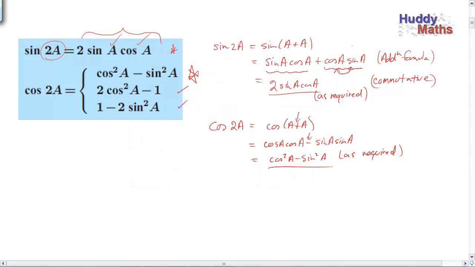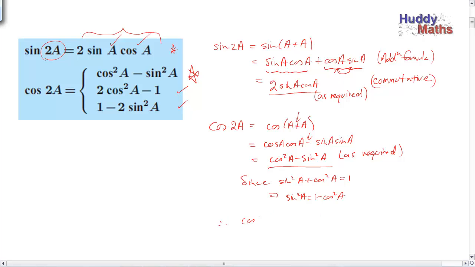So, since sine squared a plus cos squared a equals 1, that's the unity identity, isn't it? We established that before. We can say that, what will we do first? Let's do the cos one. So sine squared a is 1 take cos squared a.